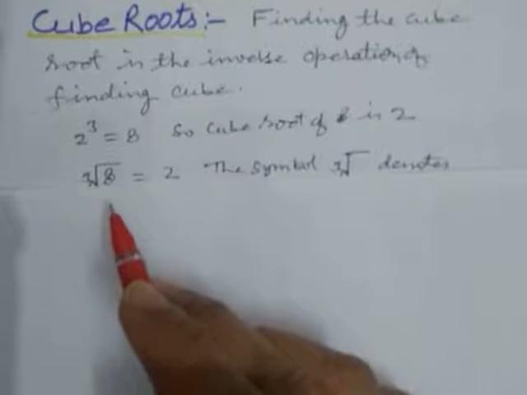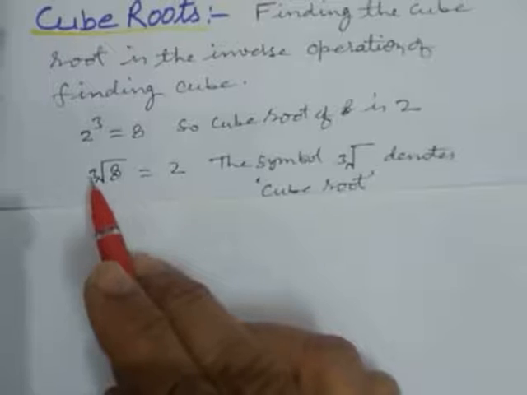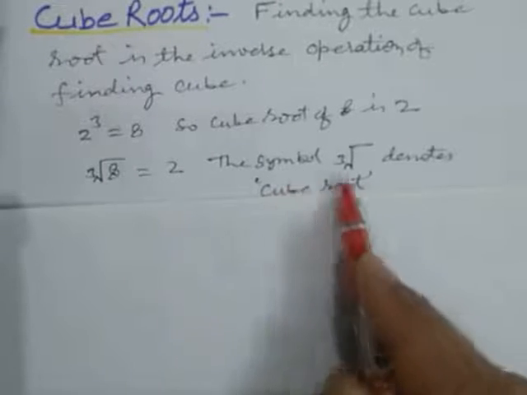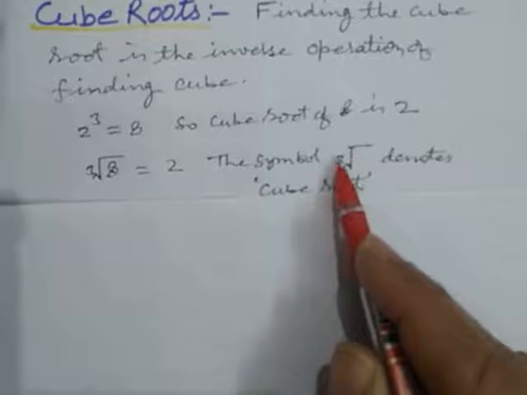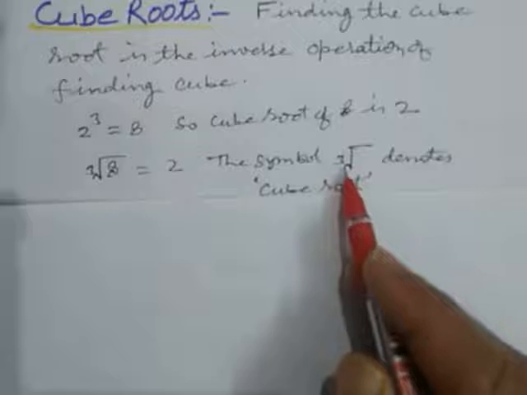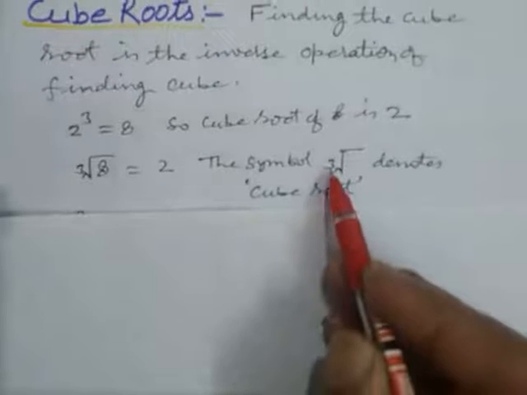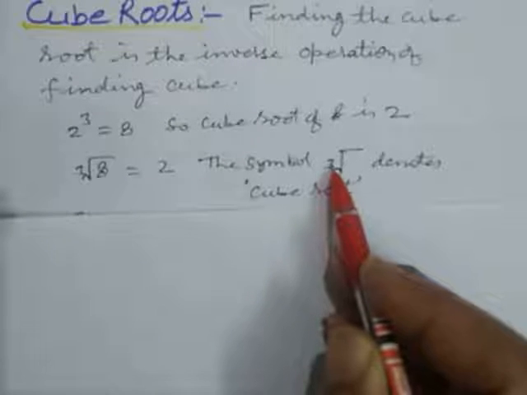Cube root of 8 is 2. The symbol is like this, a root with power 3. This denotes cube root. If we place power 4 here, then it is the fourth root.